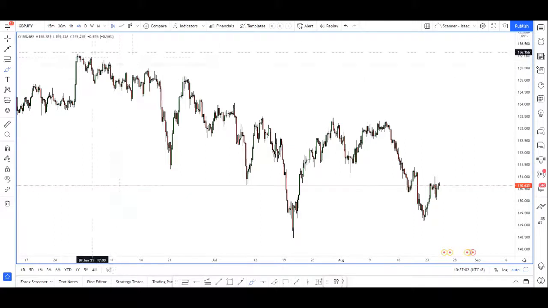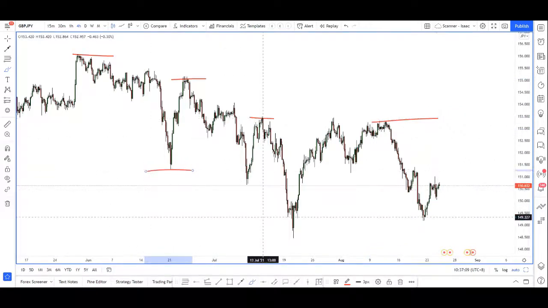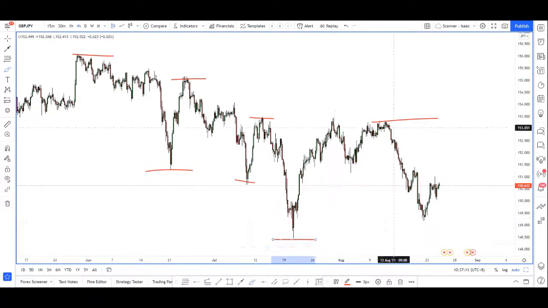However, on the 4 hours, we see that price is making a series of lower highs and lower lows. With this recent push down, we also see a strong downwards trend, and price could be forming a head and shoulders reversal pattern at the end of this downwards trend. Right, so this is just something that we want to be careful about.